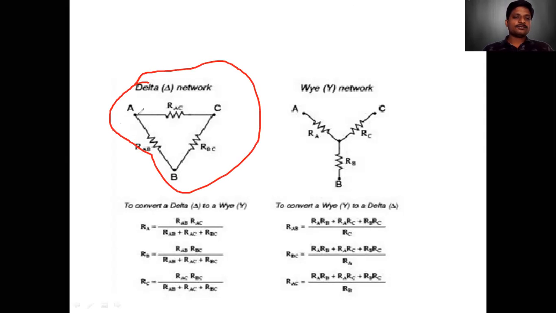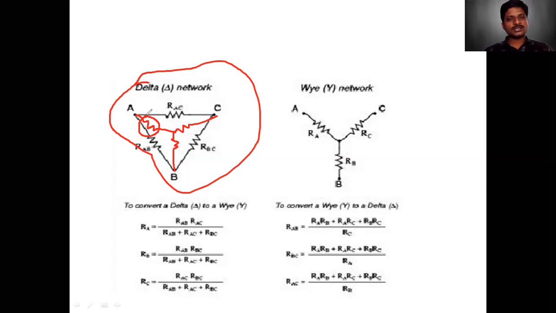Suppose you have a delta network and you want to transform it into a star, then you have to virtually think that there is a star fitted inside the delta network. So we are converting a delta into star.